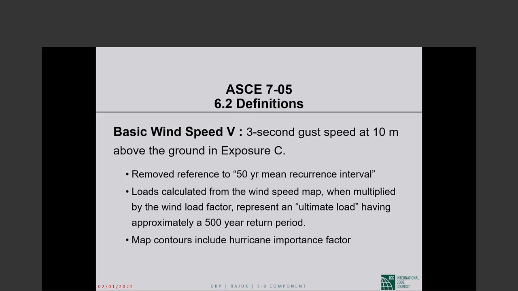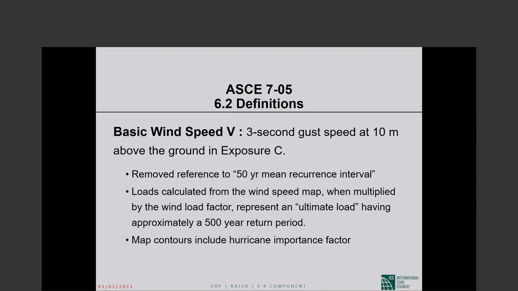Okay, so this is nuance. This is another way of looking at it, but this is what they chose to do. On the hurricane coastline, to maintain the 500-year return period on the factored load, the return period on the wind speed had to be higher than 50 years.